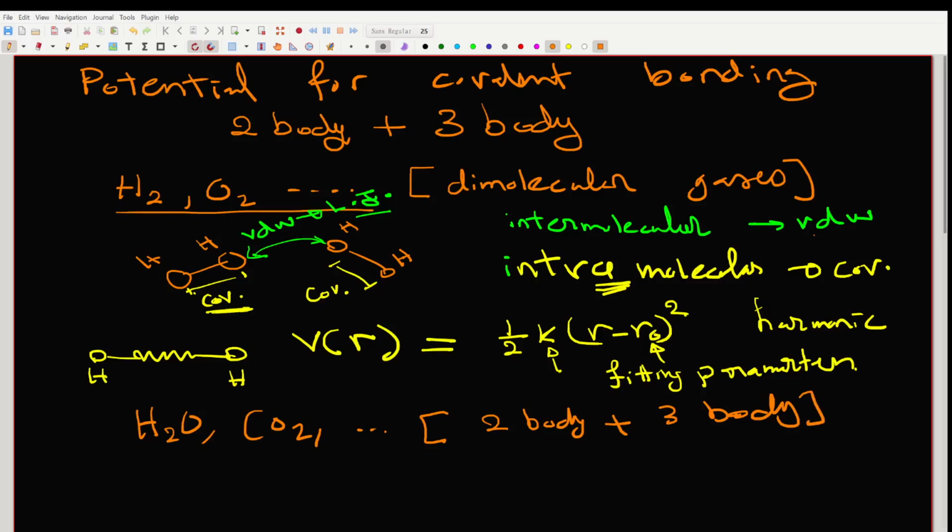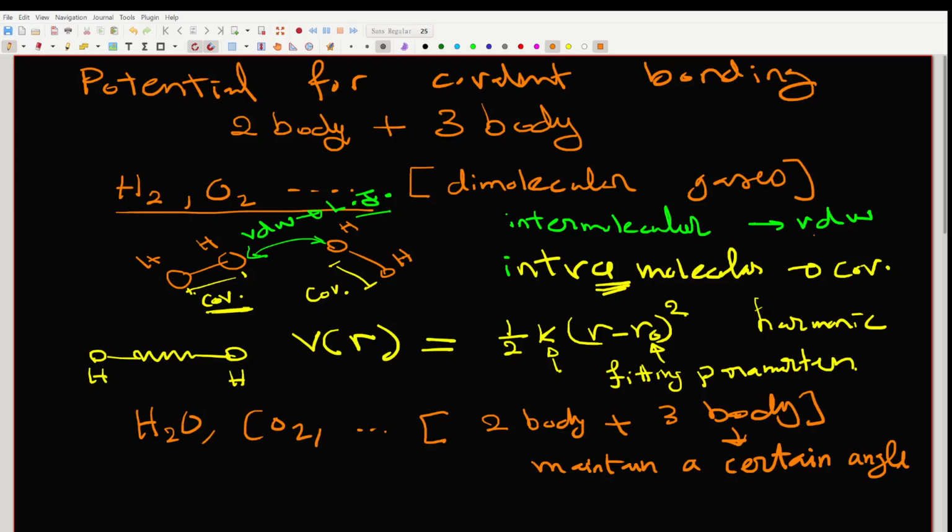The purpose of the three body is to fix a certain angle. So the goal of these three-body interactions is to maintain a certain angle. Remember, in our discussion of covalent bonding in a previous video, we said that one of the characteristics of the covalent bond is that there is a certain fixed angle in space.